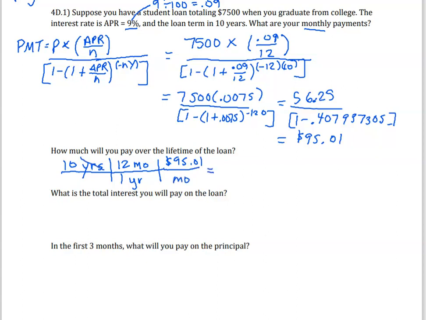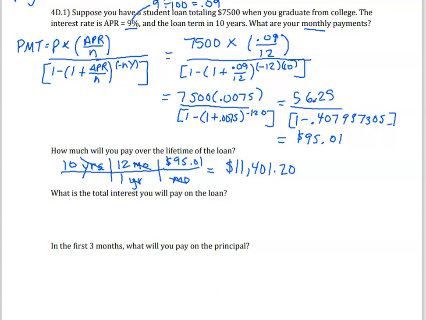So my years would cancel out, my months would cancel out, I'm going to be left with dollars, so I need to do 10 times 12 times 95.01. That's going to get me $11,401.20. So for my $7,500, I'm going to end up paying over $11,000 for that.